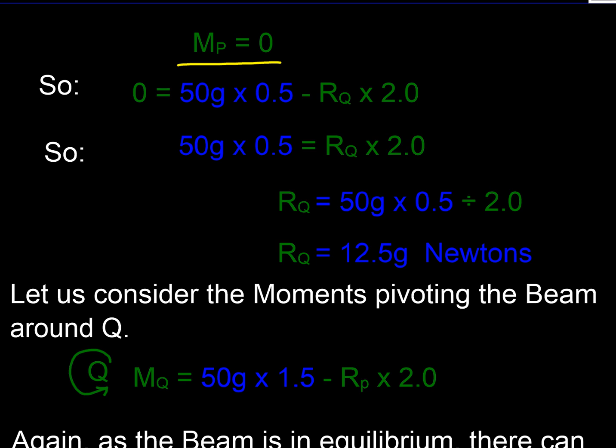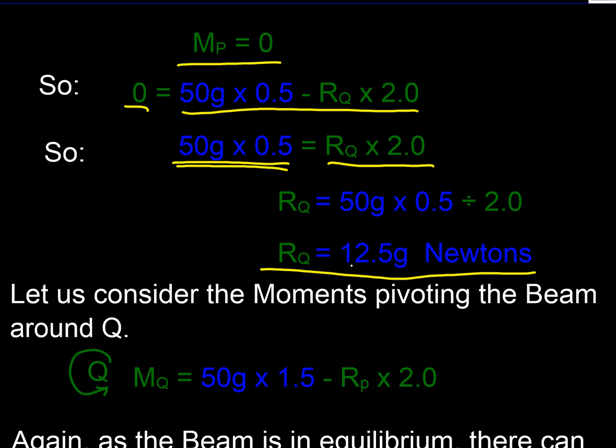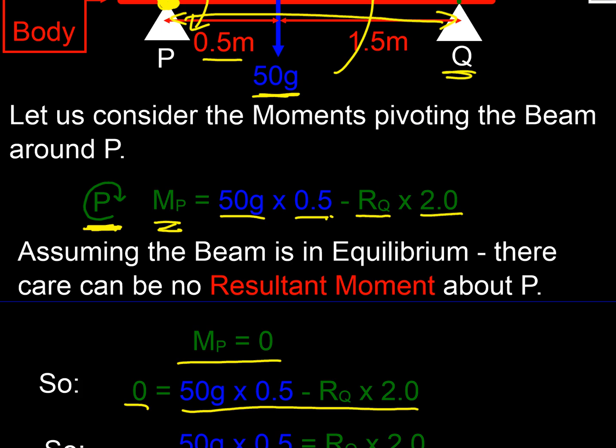Either we can write it as the resultant force is 0, or you could write it as a balance, that the moment of the weight force, the thing that's being held up, must balance with the reaction moment from the end support. And we can just rearrange that equation now, can't we? And we find that the reaction force at Q is going to be 12.5 g. That's in newtons, isn't it?